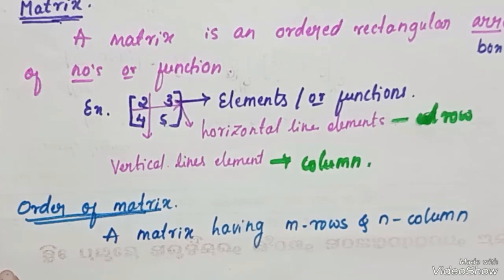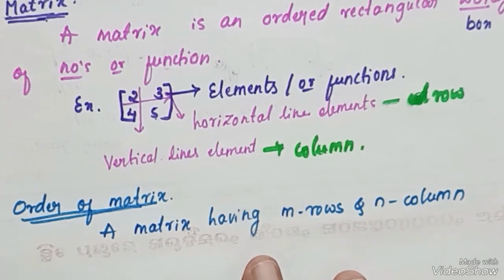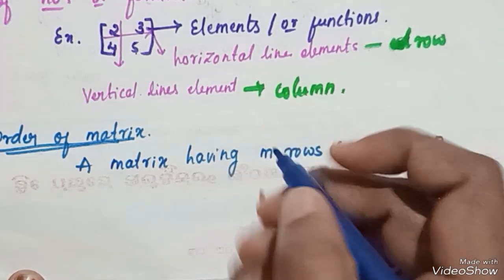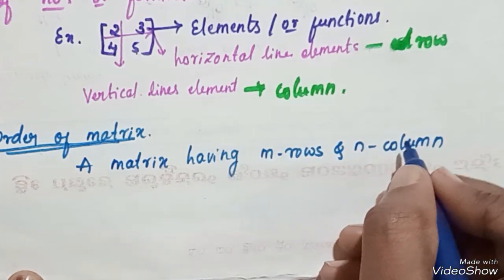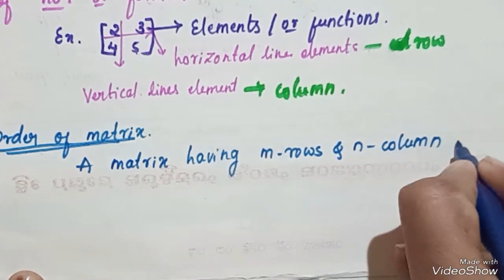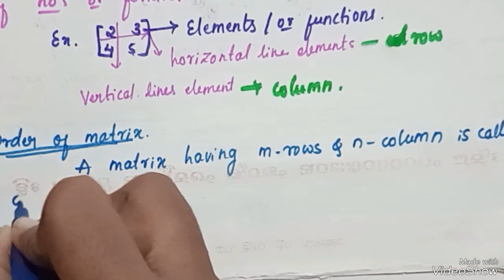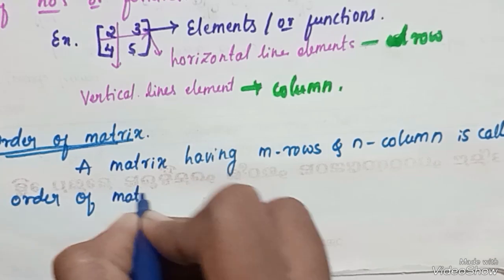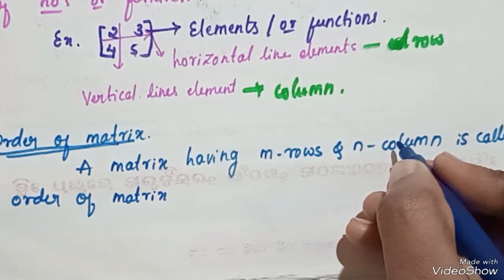Here we don't know the exact number of rows as well as the exact number of columns. That's why I'm taking m as the number of rows and n as the number of columns.